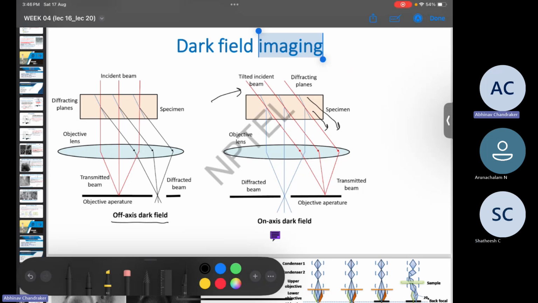As a result, even though the aperture is still in the same place as it was in bright field imaging, just because you have tilted the incident beam, only those electron waves which got diffracted by some angle and are now parallel to the optic axis will be able to pass through. This imaging arrangement is called on-axis dark field or centered dark field, which is the more common terminology.